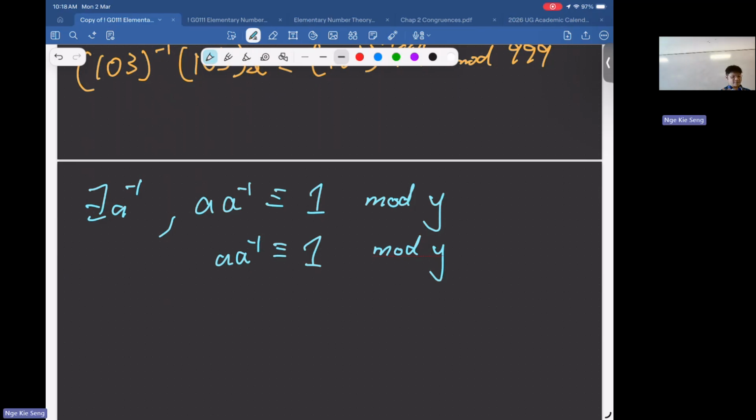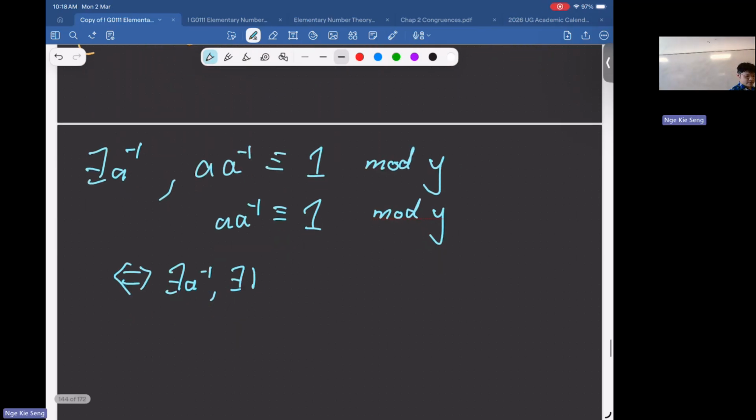Okay. But again, like what we have started just now, this linear congruence is equivalent to a Diophantine equation. Correct or not? So I can rewrite this as B1 to, let's say, 1 minus.